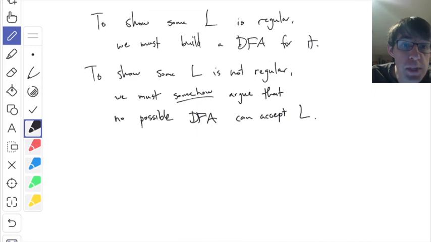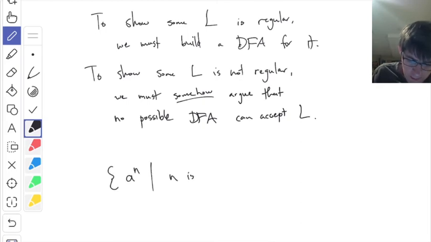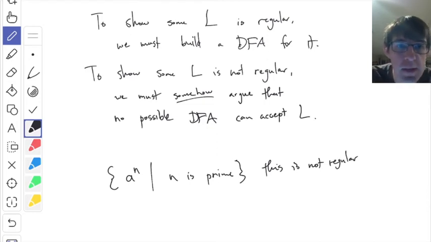All right, but for example, I already told you there are some things that a DFA cannot do. For example, a to the n such that n is prime. This is not regular. What I mean when I say that is no possible DFA can exist which accepts only prime number exponents, all right?